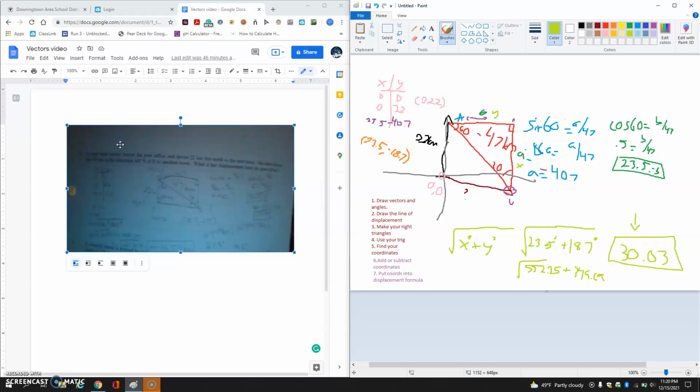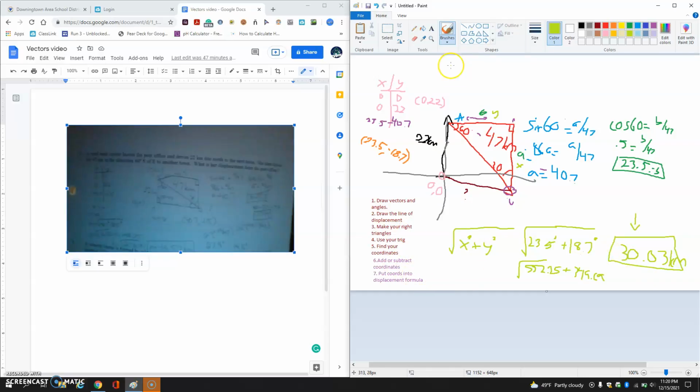Don't ask me how I got 15. It should not be 15. But that sounds right. That seems right. This is your answer, in kilometers.